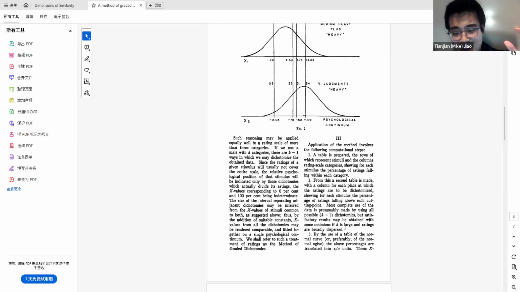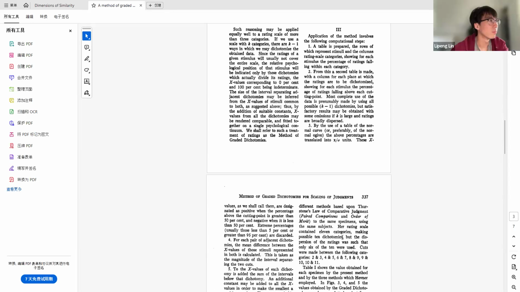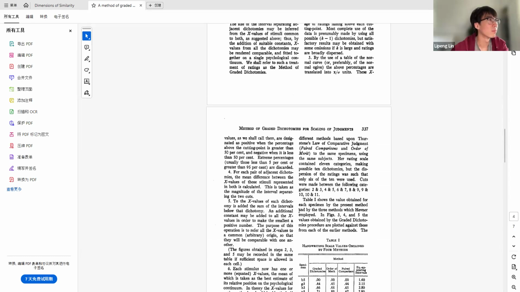We look at a table of normal curves and translate these percentage values into something similar to a Z-score. Then we can add them together to form different similarity rankings. I think that's the idea. I'm not sure if I've explained this well. I don't think I have.